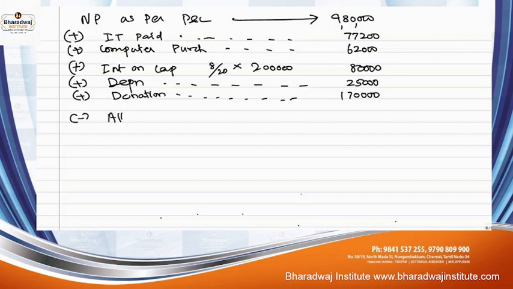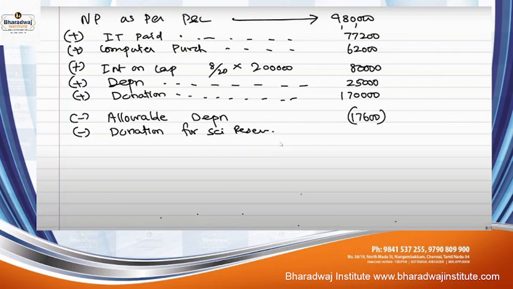We worked out the first working note earlier. What is allowable depreciation? Allowable depreciation 17,600. Once again, so far what we have done, I will repeat. We add back income tax paid.